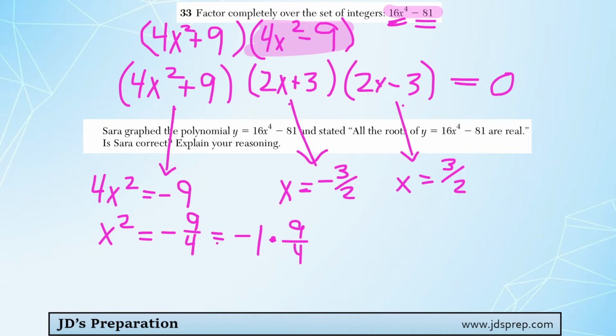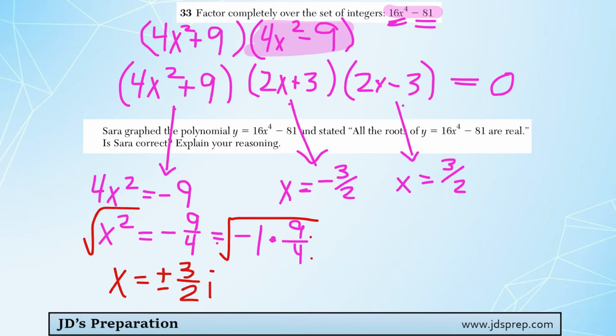So now when we square root both sides like this, we will get that x is equal to, now we can square root positive 9 over 4 to get 3 over 2, but remember, because we are square rooting it, it could be positive or negative. And then it's going to be positive or negative 3 over 2i. And I'm getting that i because we are square rooting negative 1.